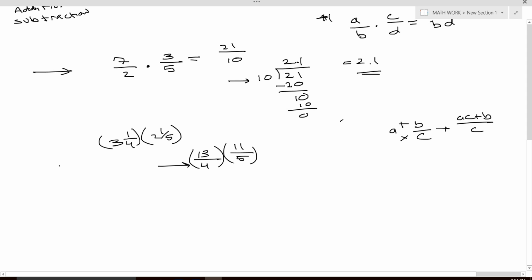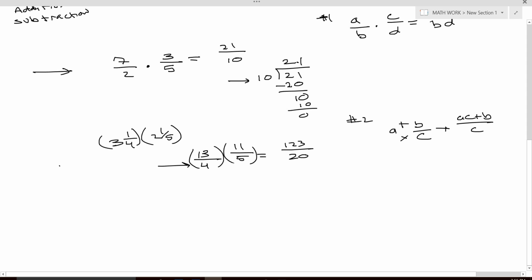I'm going to say number 2 here. Let me erase this so you don't get confused. We can simply multiply. That's a big number. 13 times 11, I think it's 123 over 20. And we can verify that.